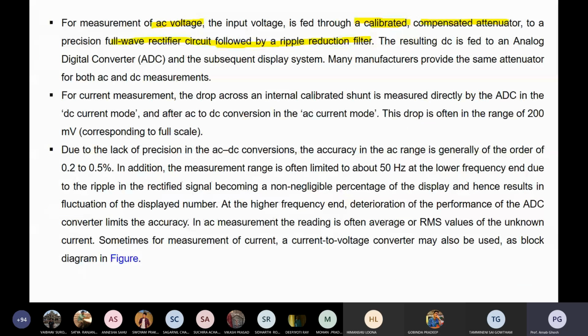The input voltage goes to the calibrated, compensated attenuator, then to the precision, meaning accurate, full wave rectifier circuit, followed by the ripple reduction filter. So for the calibrated value, how much is your input, and after converting, how much value you obtained.